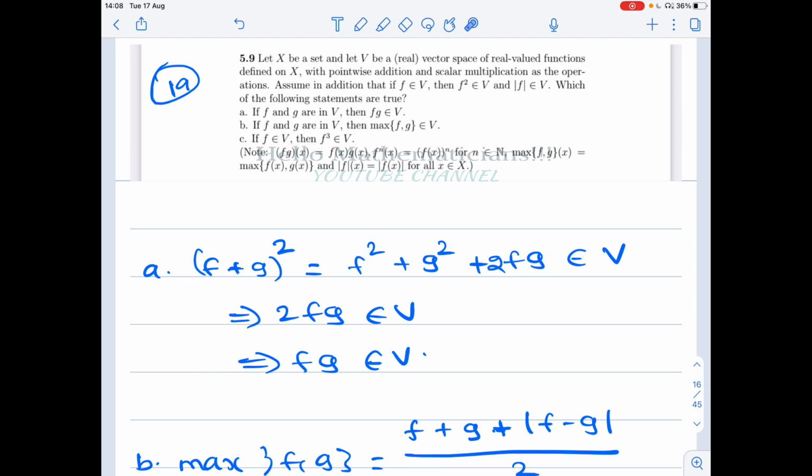So let's see how to proceed. If f and g are there, since it is a vector space, f plus g will be there. Since f plus g is there, by this property its square will be there.